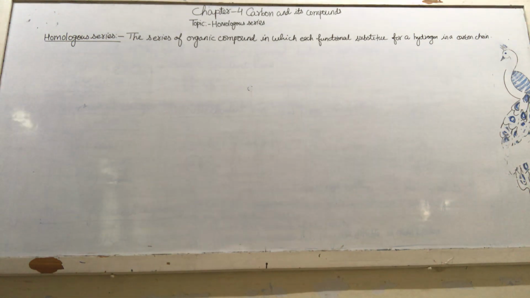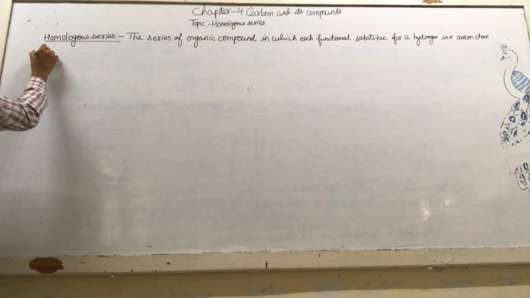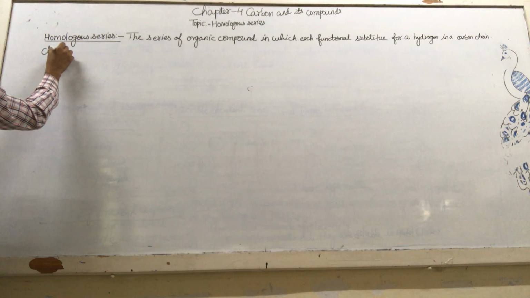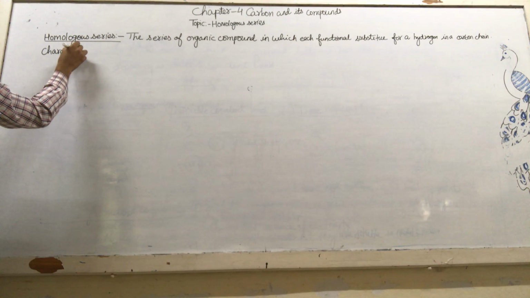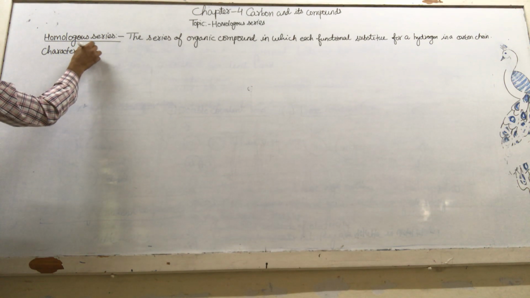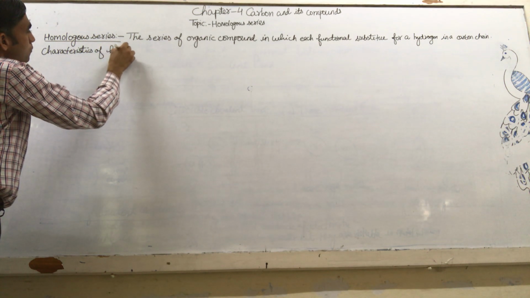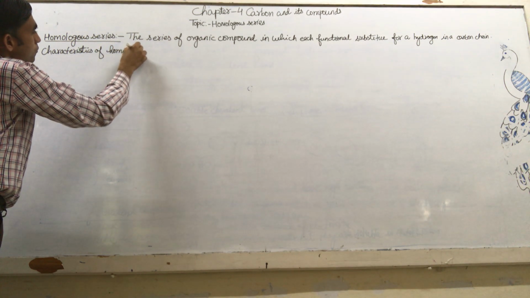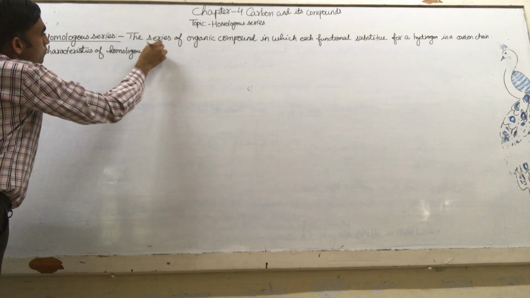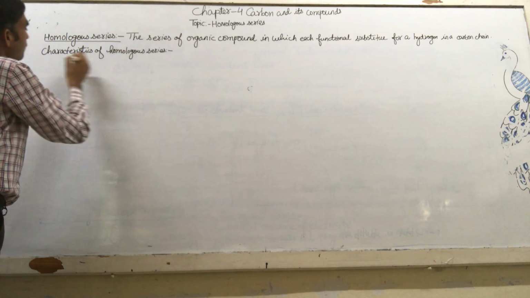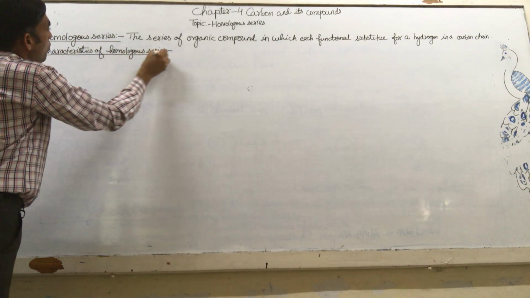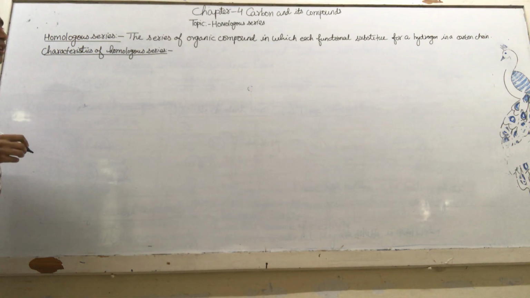Now we will discuss the properties or the characters of a homologous series. A homologous series has the following characters.